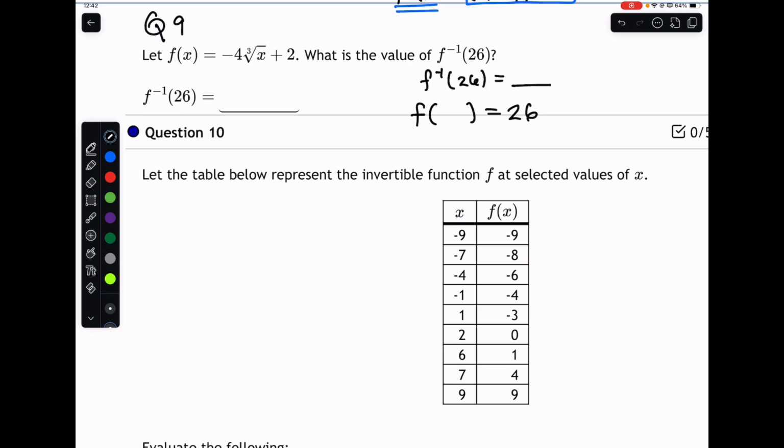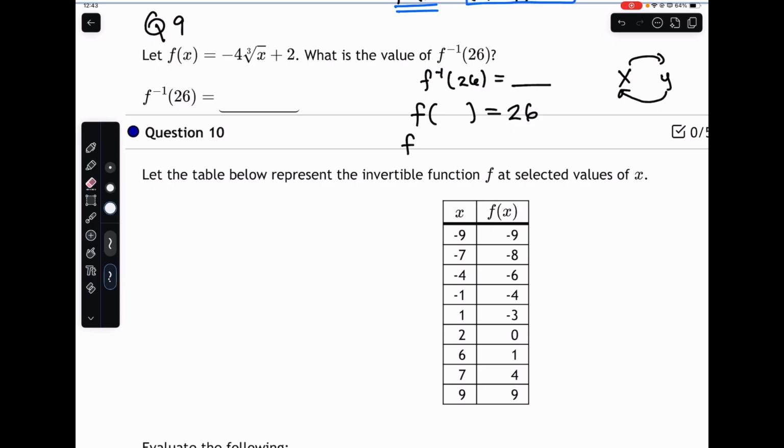Because remember, the relationship between the inverse and the function is that the input and output values are switching. So if I can figure out what value of x gives me this number here, then that would be the number that we get out when we plug 26 into this inverse.